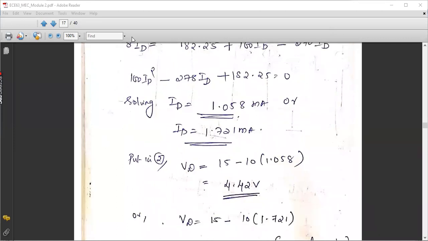So based upon these two solutions, you can find two answers for VD as well, because I should select the most suitable answer. And thereafter, we will go with one solution.